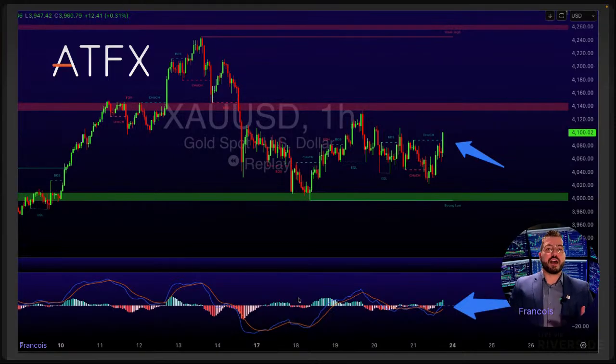And then you also have a histogram showing the difference between the two, with traders basically using the two different uses of the MACD, which is to gauge trend direction, but also to see momentum shifts.